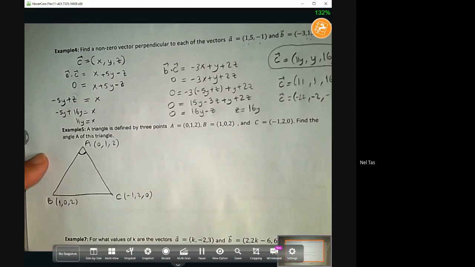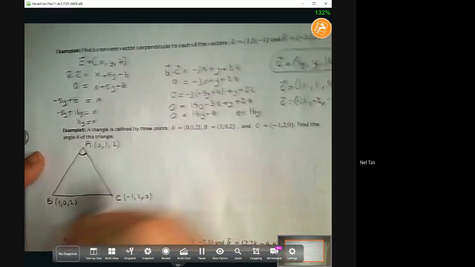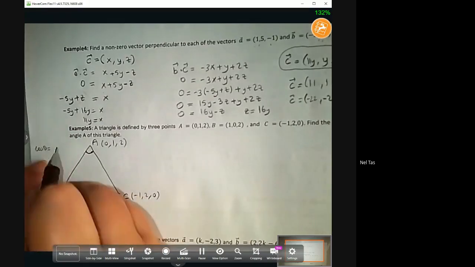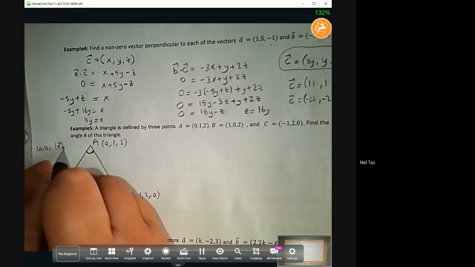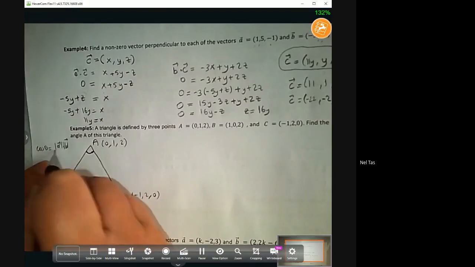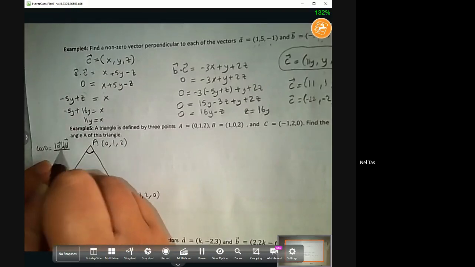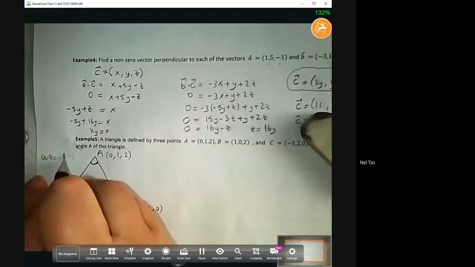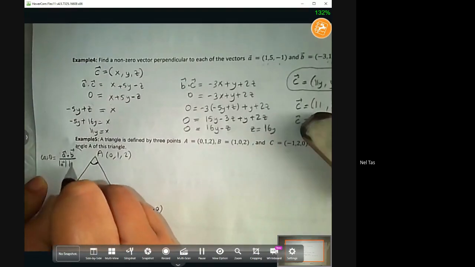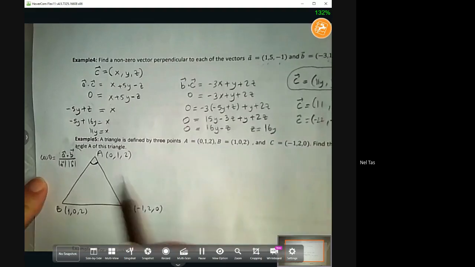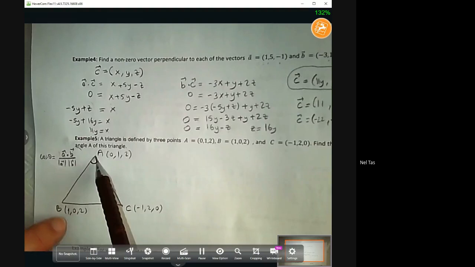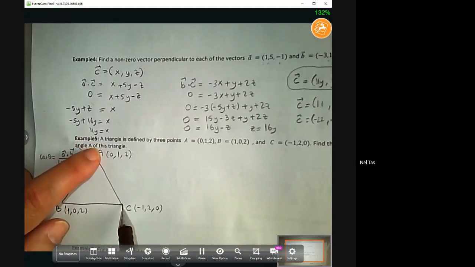Because on the previous page we said that to find an angle, cos theta, we can do A dot B over magnitude of A, magnitude of B. Okay, we're going to use this information. Then we can find the AB vector and we can find the AC vector.